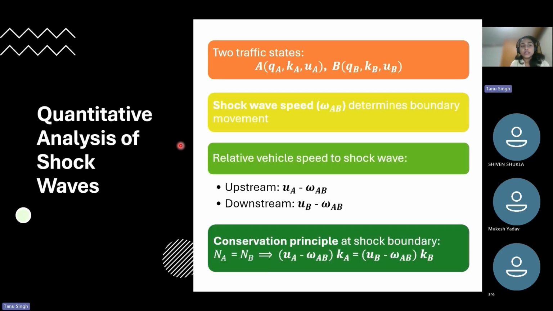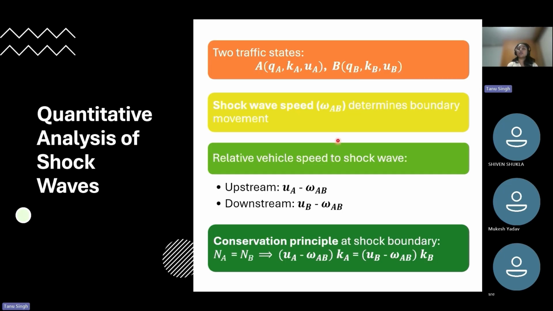Now, coming to the quantitative analysis of shock waves. As we have seen, a shock wave is a boundary condition of two different traffic states. For example, the first state is A, which has flow QA, density KA, and speed UA, whereas B is another traffic state with flow QB, density KB, and speed UB.